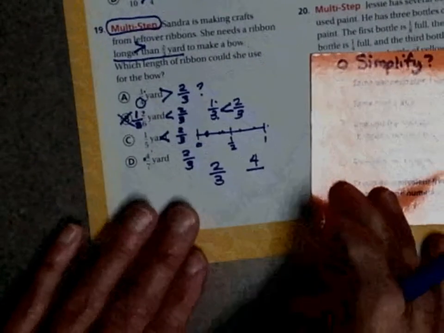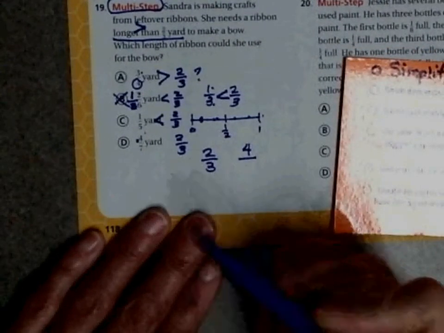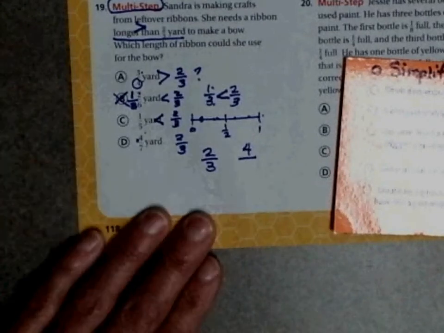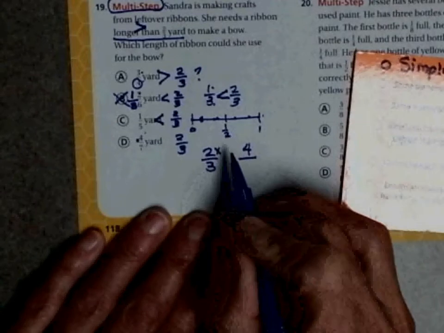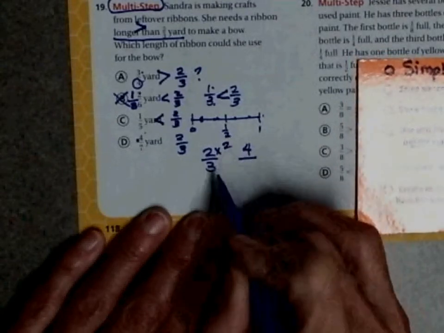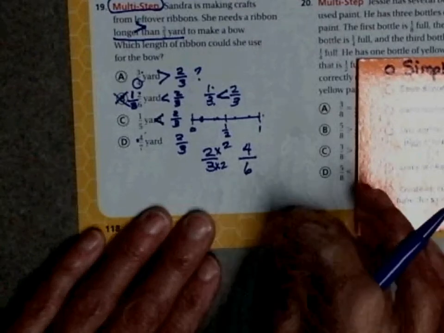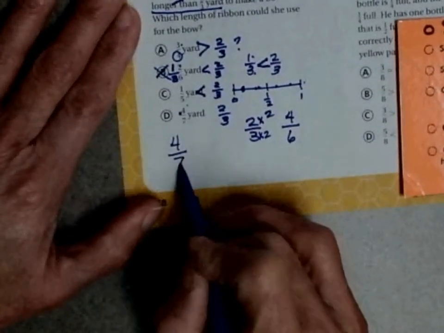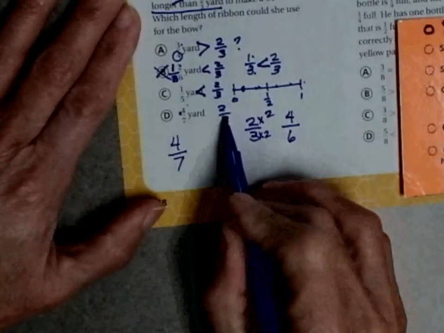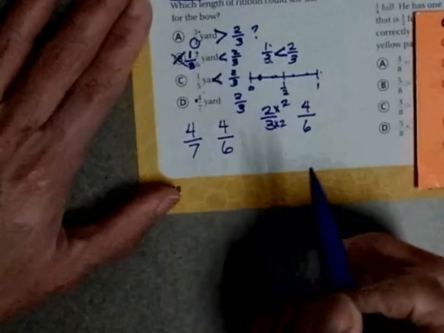Because I see a relationship here. I can multiply my numerator and my denominator by what whole number to create an equivalent fraction? 2 times what equals 4? 2. 3 times 2 equals what? 6. Cha-ching. There you go, boys and girls. What do we have now? We have 4/6, which is an equivalent fraction to 2/3.